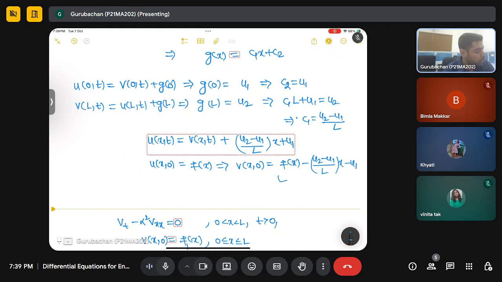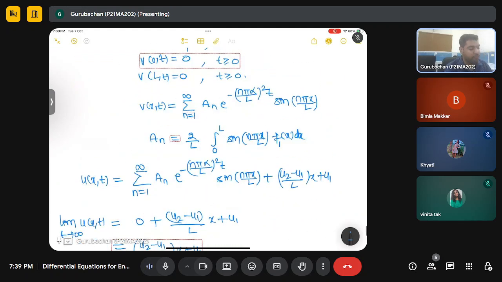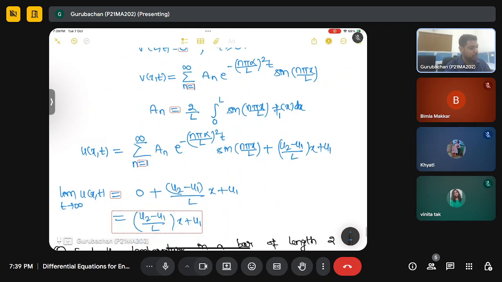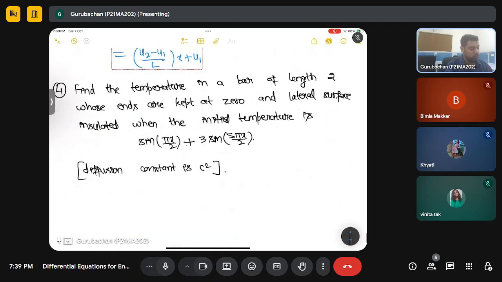So I am calling it a new f1x. So an will also be defined with respect to f1x, and then the thing will remain the same. That was just a little typo, or you can say a little ambiguity, that I have resolved. Now you may try this fourth question.